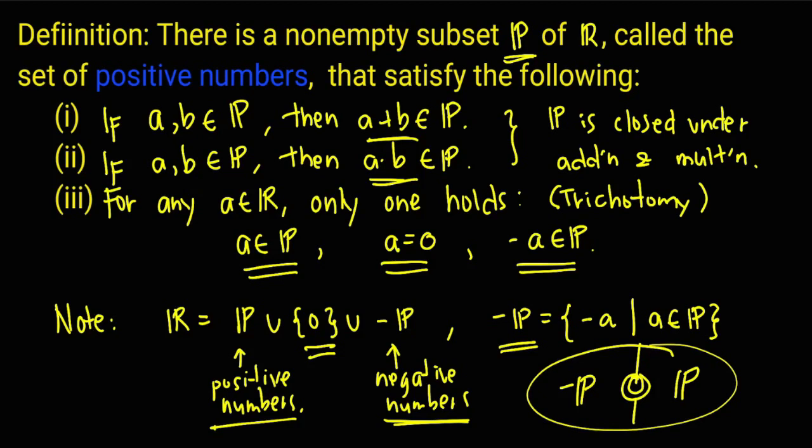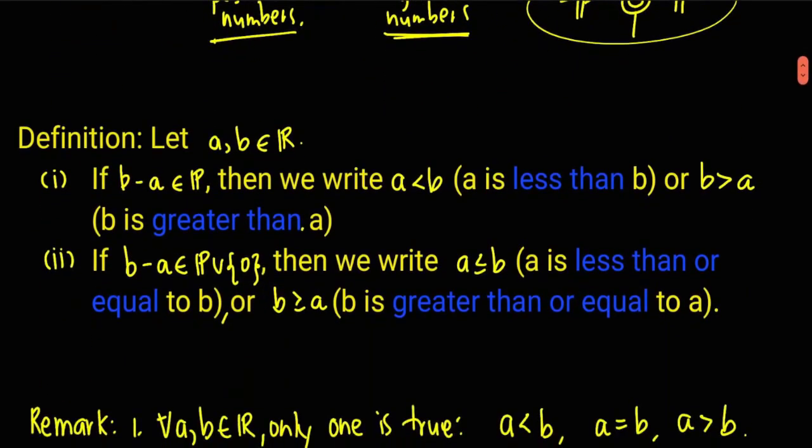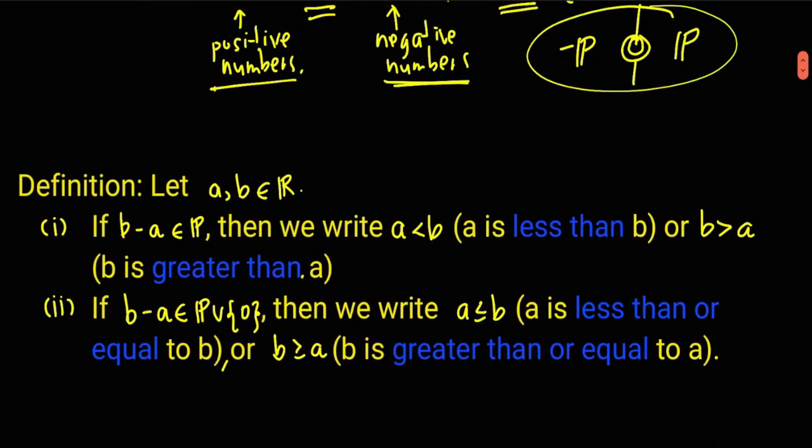Having this definition of the positive numbers, we can now have an order relation in the set of real numbers. So how do we define an order relation? Let A and B be real numbers. If B minus A is positive, so for example, you have two numbers, B and A, and you get the difference, B minus A, and what you end up with is a number which is positive, then we can write that relationship as follows.